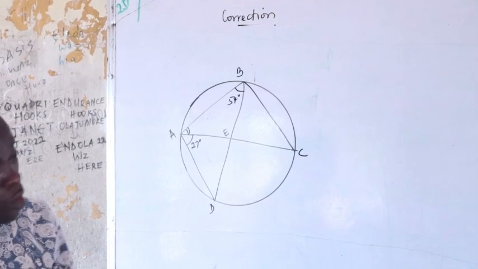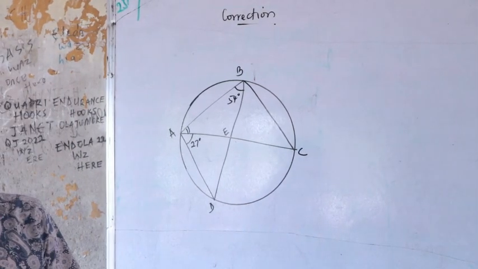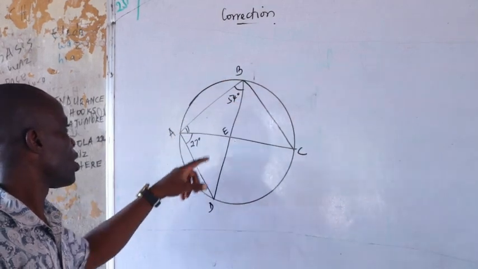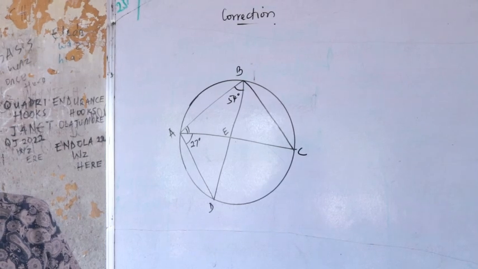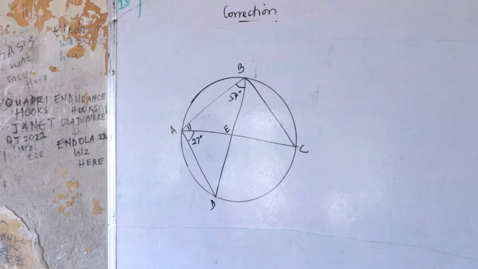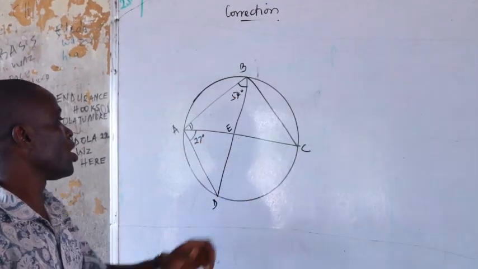If DAC equals 27, ABD equals 54, and ACB equals 63. So you can see that 63 is not given in the diagram, but we have ACB. This is 63.